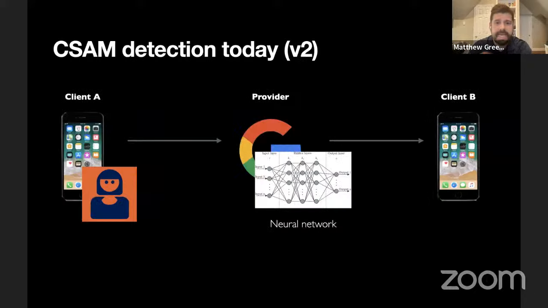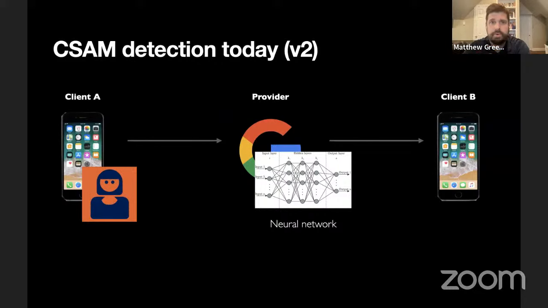There is a second version of this approach, which is being pioneered by Google, which does not use perceptual hash functions. It actually uses neural network classifiers. And I just want to compare these two because they're both relevant since they're both being used in unencrypted systems. The hash-based approach is excellent at finding known content, even if it's been slightly modified, but it's limited to finding known CSAM content.